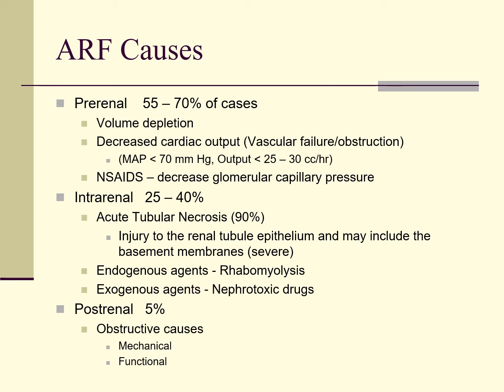It can be from internal agents. It can be rhabdomyolysis, where there's a buildup of large molecules of protein that kind of clog up the Bowman's capsule. It could also be from different nephrotoxic drugs that damage the basement membranes.